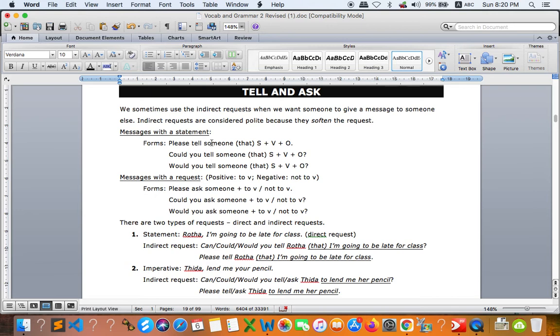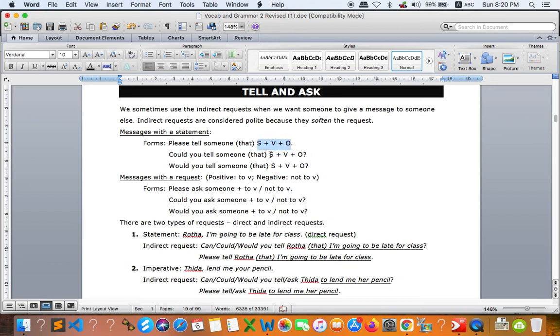So you can say please tell someone that. That is optional, everyone, so you can use it or not is also fine. Subject, verb, and object. So anytime you use please, everyone, you have to use full stop right here. So instead of using please, you can use could or would. All right, so could you tell someone, or would you tell someone that, and subject, verb, and object, because that is a statement.